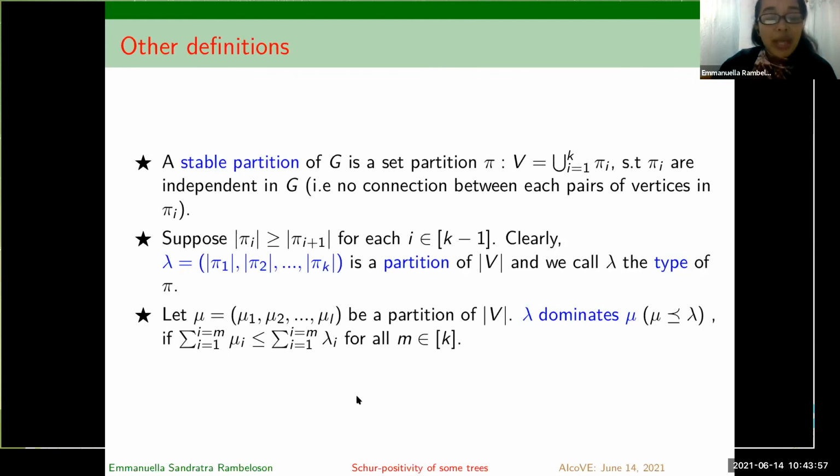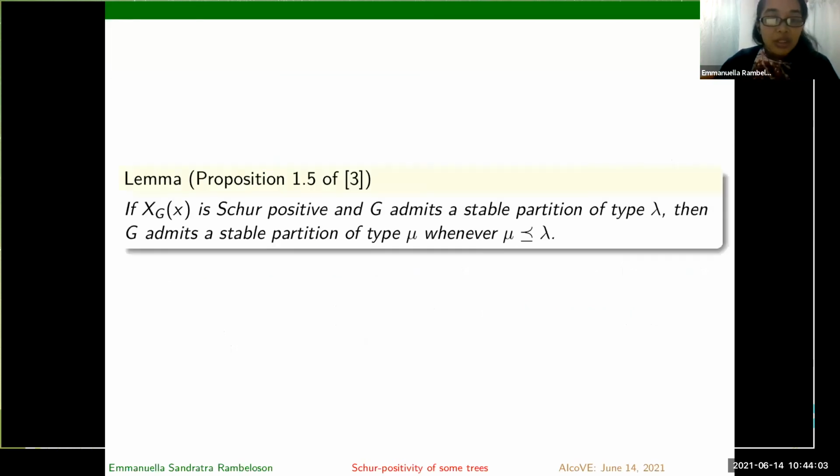And now I think we have enough background to understand the remainder of this talk, specifically this lemma, which says that if the chromatic symmetric function of a graph J is Schur positive, and if we suppose that J admits a stable partition of type lambda, then J must also admit a stable partition of type mu whenever lambda dominates mu.